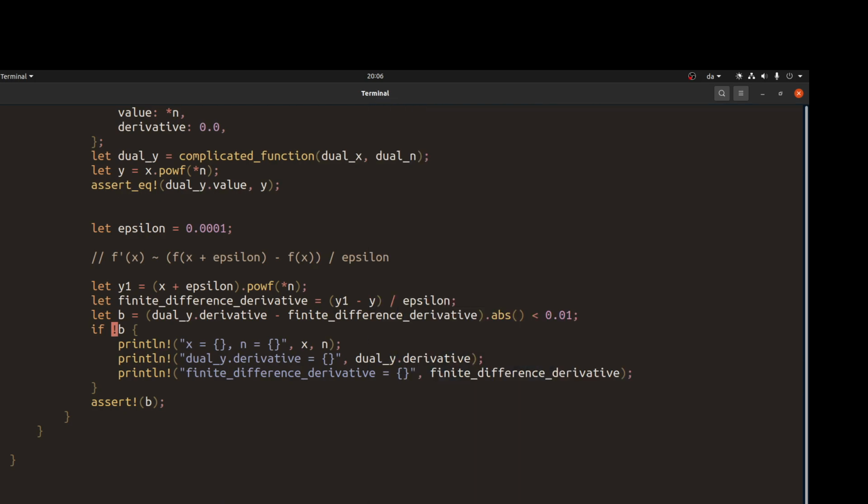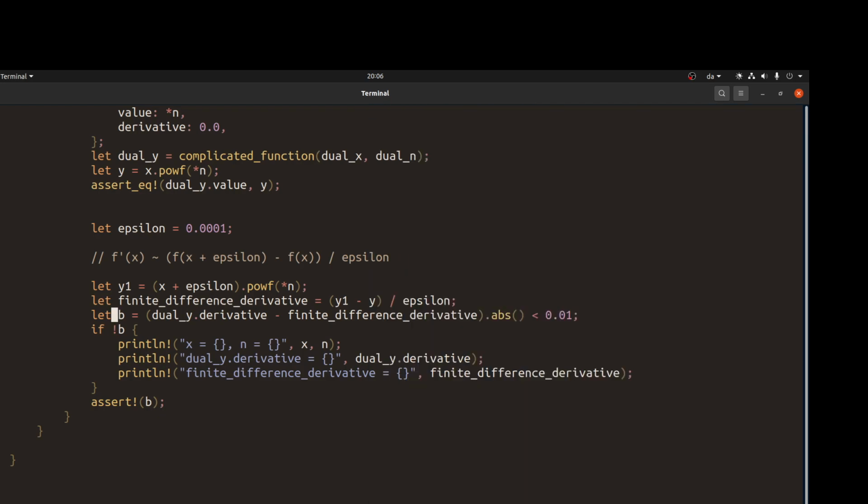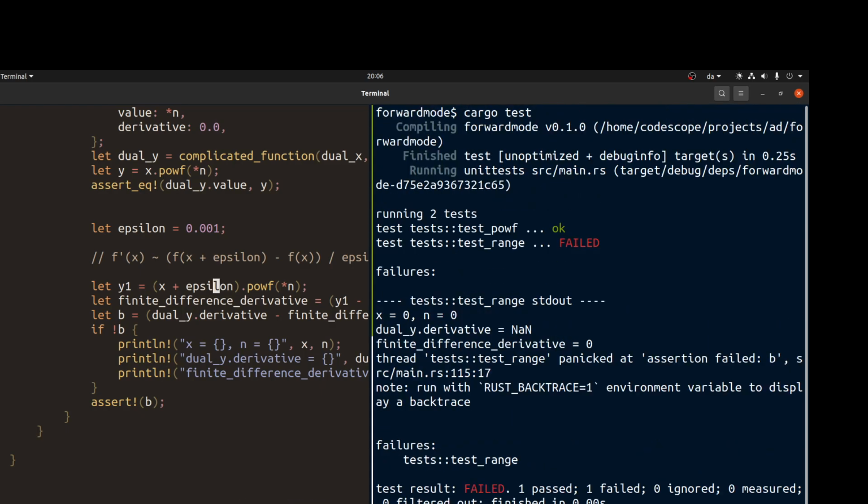So the derivative is not a number. That's usually not good. Finite difference derivative is basically 0, which is weird. But perhaps this is because x is 0 and n is 0.